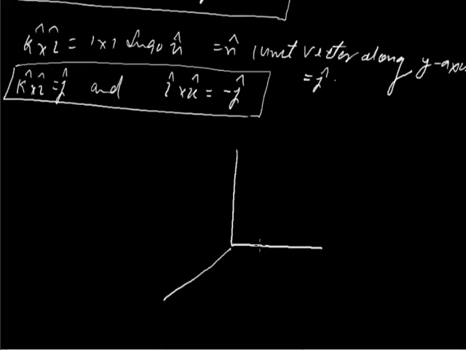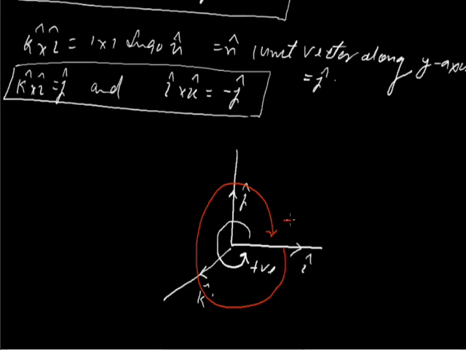This one is i cap, this one is j cap, and this one is k cap. In the anti-clockwise direction the product will be positive: i cross j, j cross k, and k cross i will be positive. What in the clockwise direction? The product will be negative.